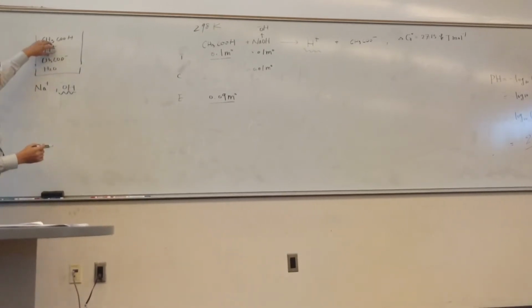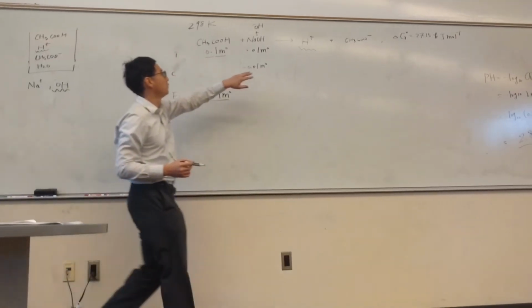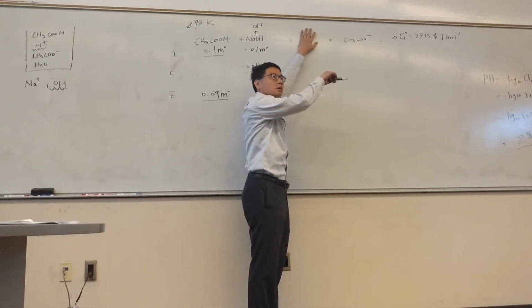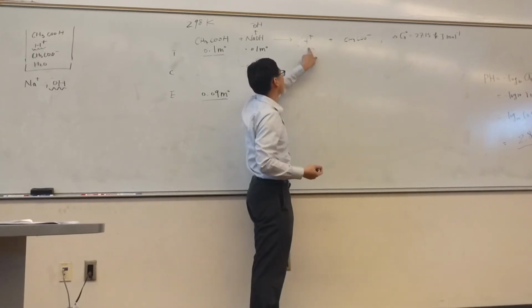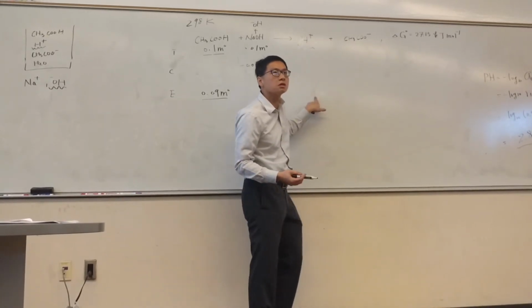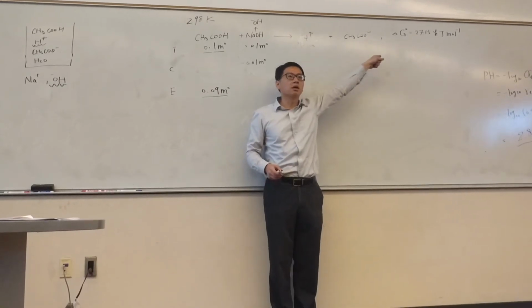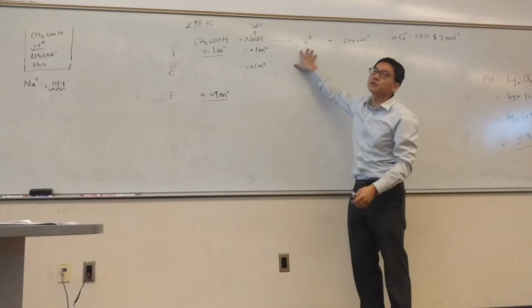And once you consume this, what's going to happen? If you remove this, the reaction will move to the right, right? Because Le Chatelier's principle tells you that if the concentration of this decreases, to maintain your equilibrium constant, the reaction goes this way. That means originally this can only produce a certain amount of this.